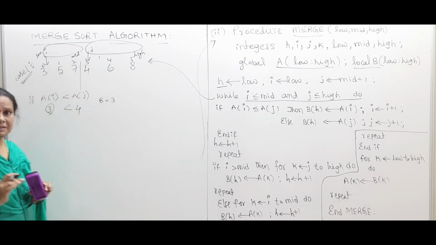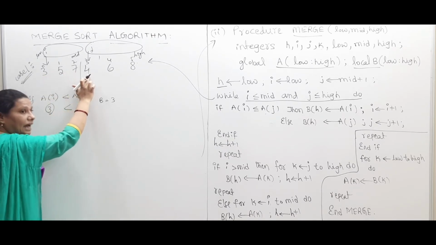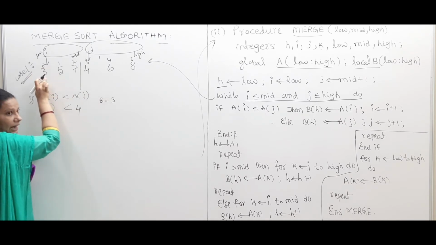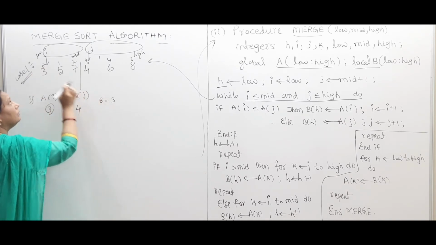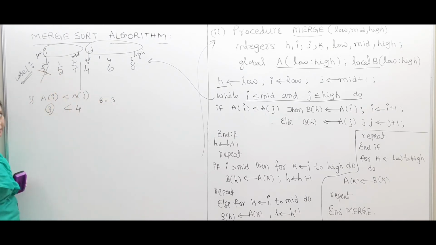We are simply comparing A of I and A of J. If A of I is less, then that value will be sent to B. Sorting of that element is over.